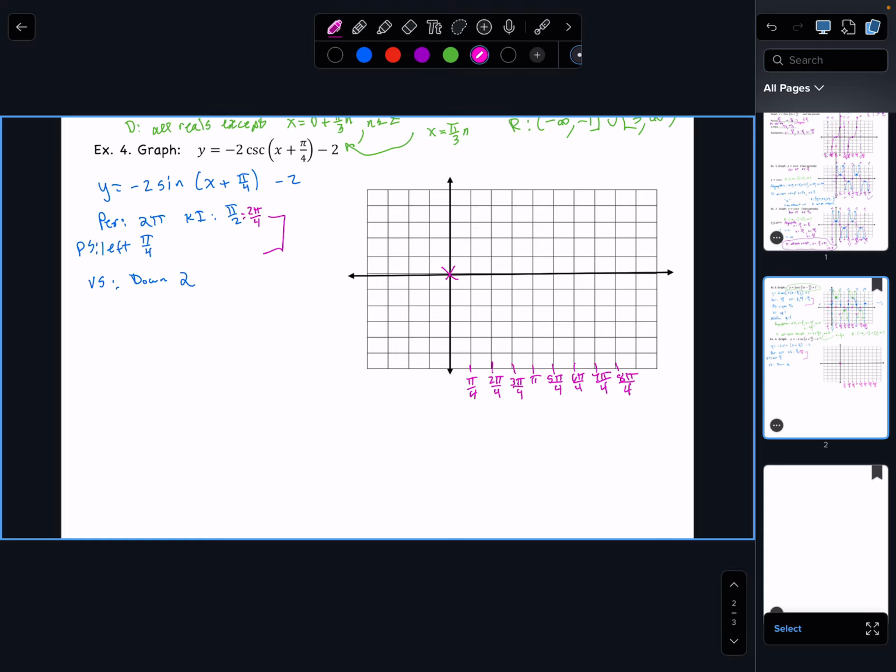It's 2 pi fourths. So you have a reflection in the x-axis and a vertical stretch. And so you would be at -2 at the 2 pi fourths. You'd be at 0 at pi. 6 pi fourths, you'd be up at 2. And 8 pi fourths, you'd be at 0.